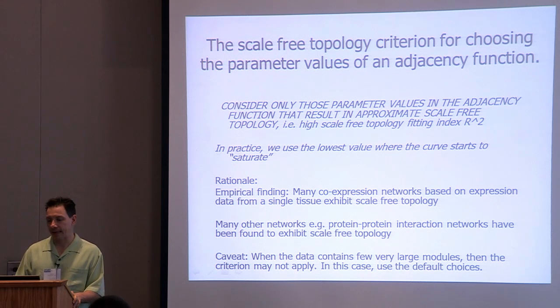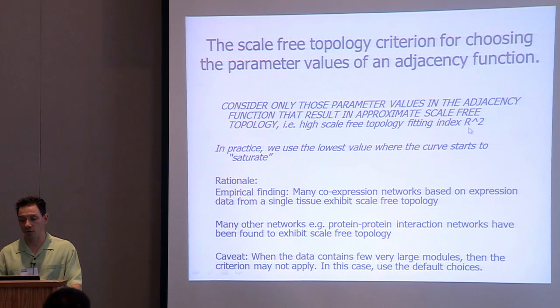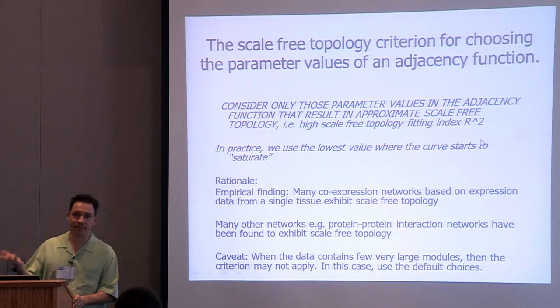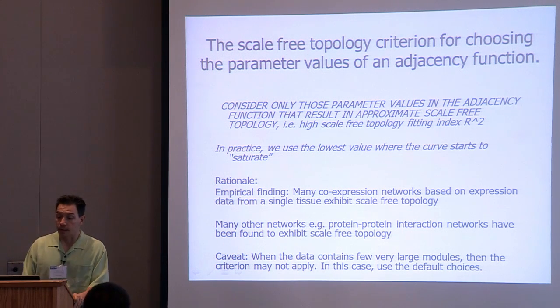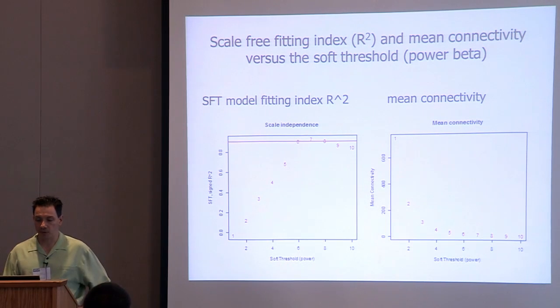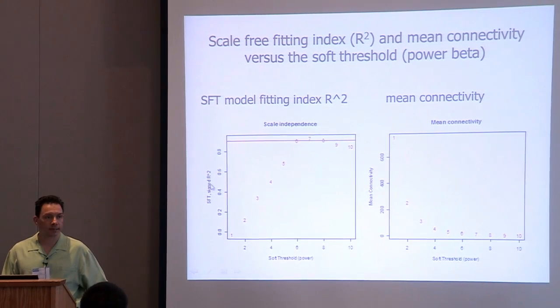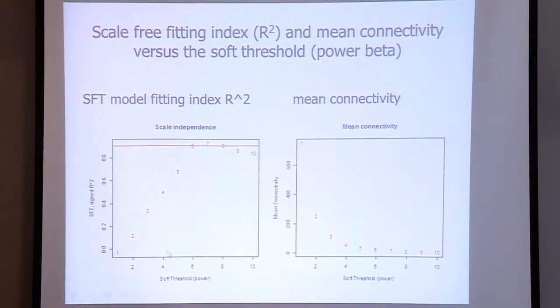We developed the scale-free topology criterion for choosing the parameter values of an adjacency function. And that is, consider only those powers beta so that you get an R-square index that is reasonably high, so that you have scale-free topology. Let me be much more concrete by focusing on this slide. Here I show on the y-axis the R-square index measuring scale-free topology, and on the x-axis I show different powers.